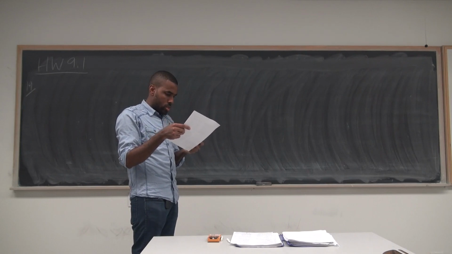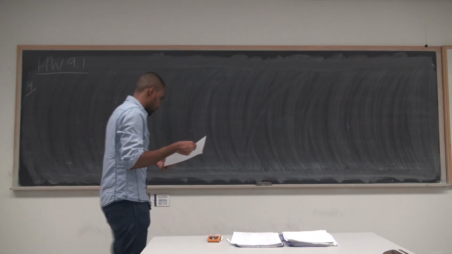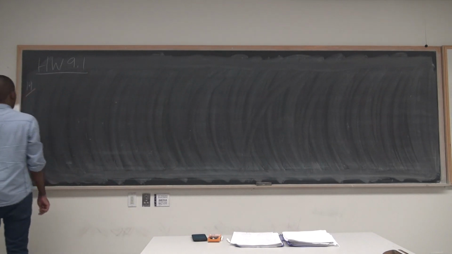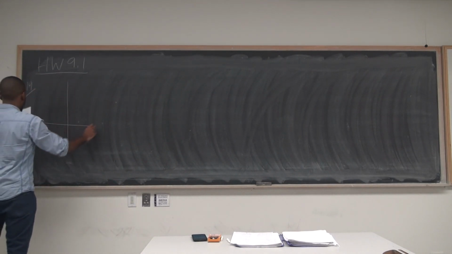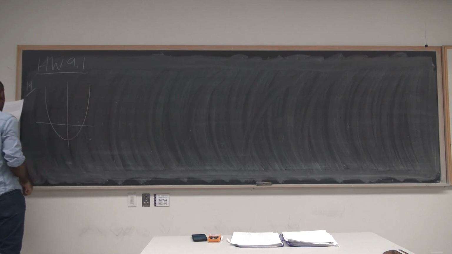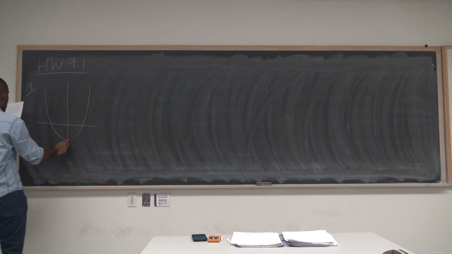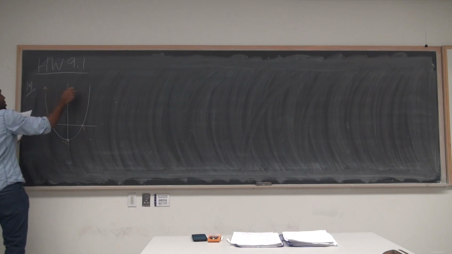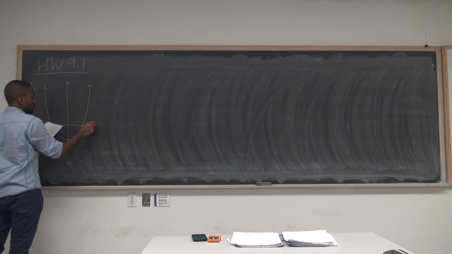Indicate with arrows the direction in which t increases. Okay, so 19 was this guy. It goes through -1, and this goes through 1. Can you figure out a rectangular representation for this curve?